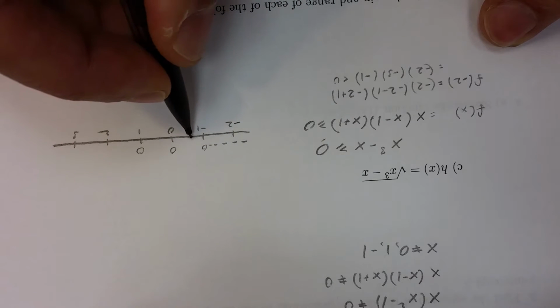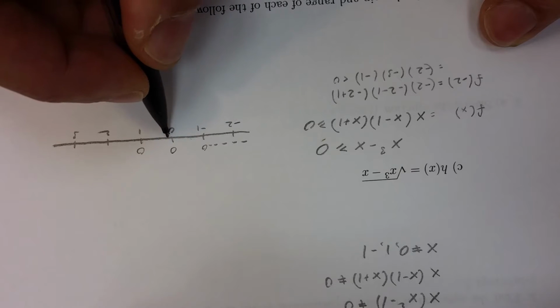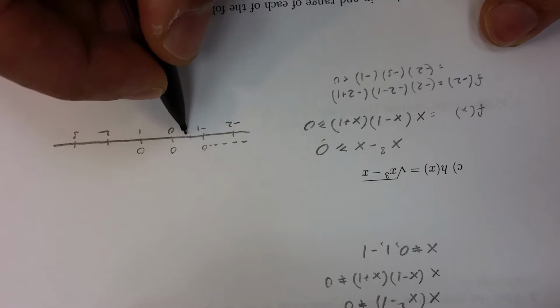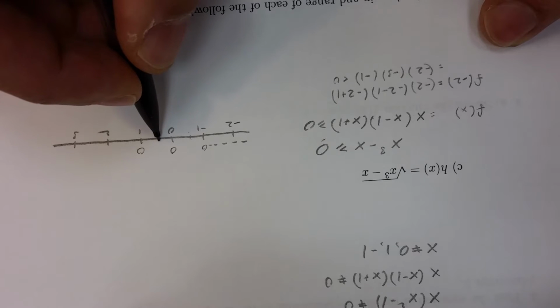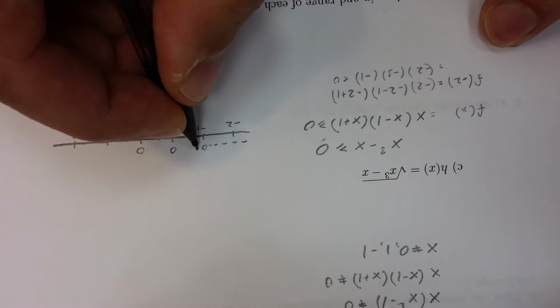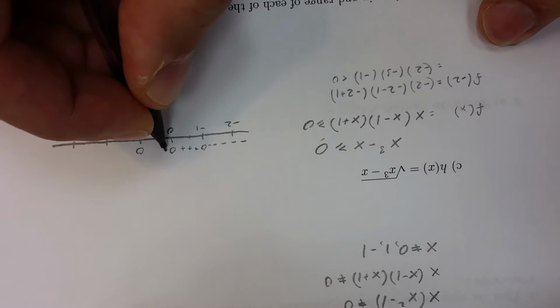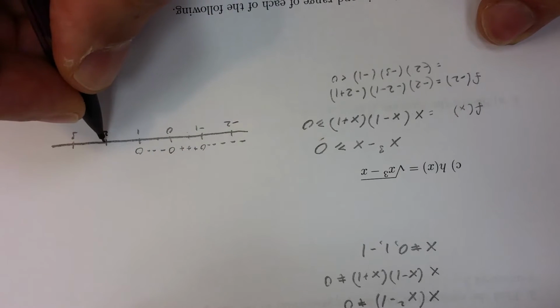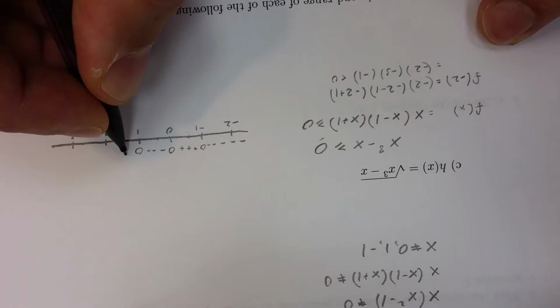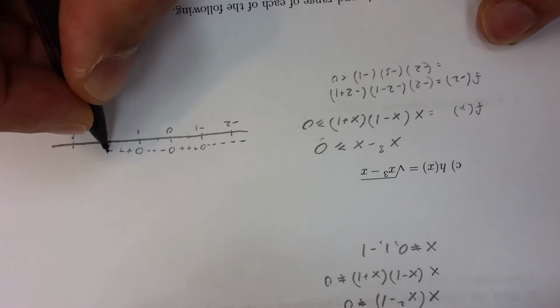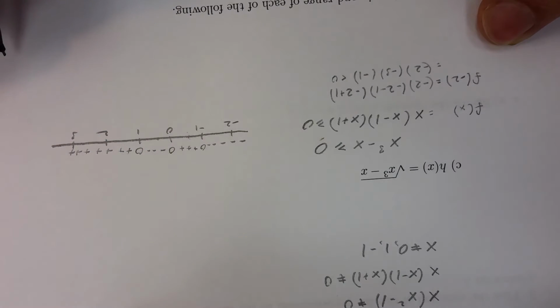And again, we'd plug in a number between negative 1 and 0. I'd probably plug in minus 1/2. We would plug in a number between 0 and 1. I'd probably plug in a half. You're going to find that it's positive here. You're going to find that it's negative here. And if I plug in a number to the right of 1, I'd probably plug in 2. You're going to find it's positive over here also.